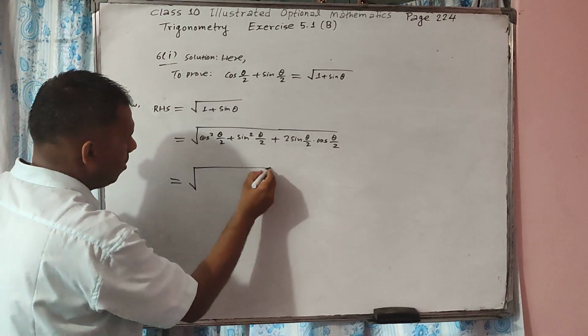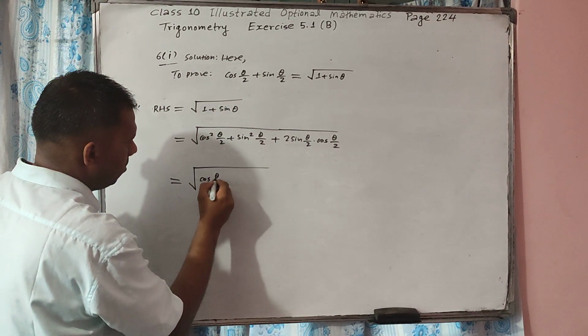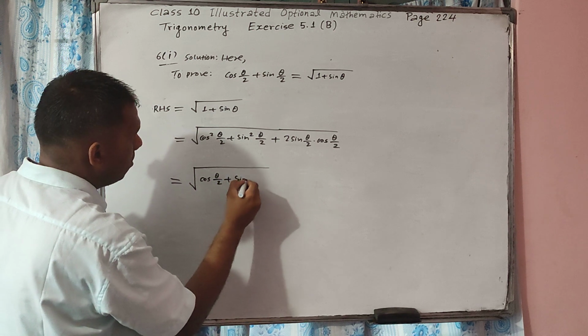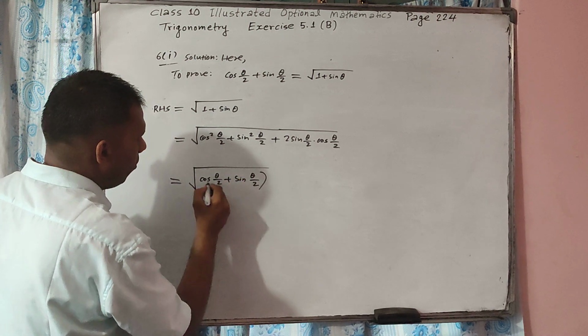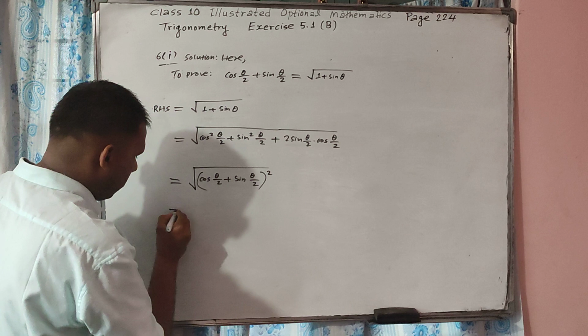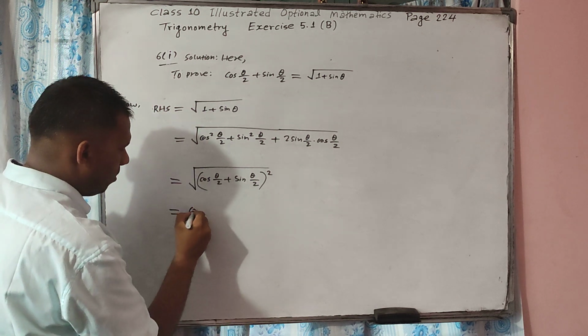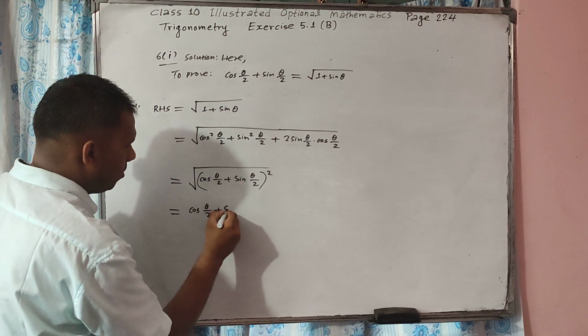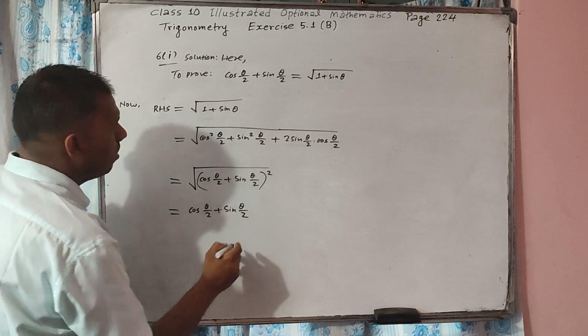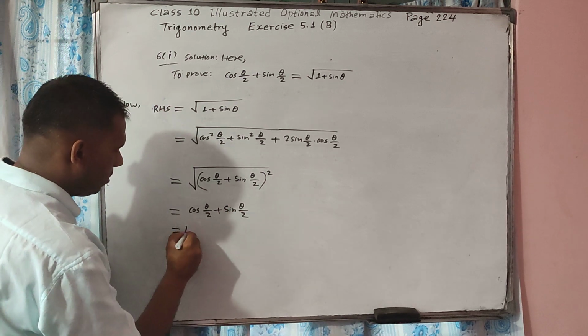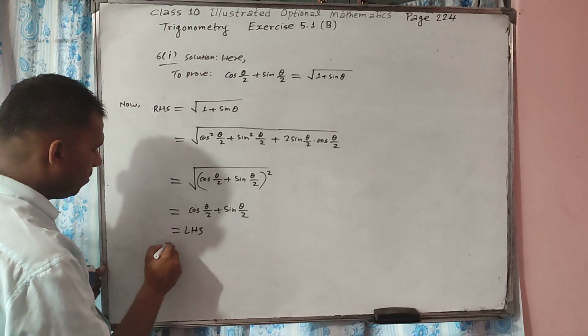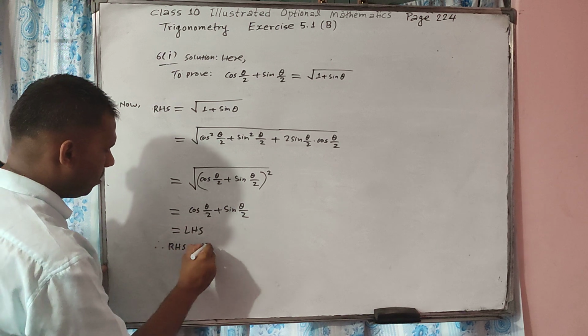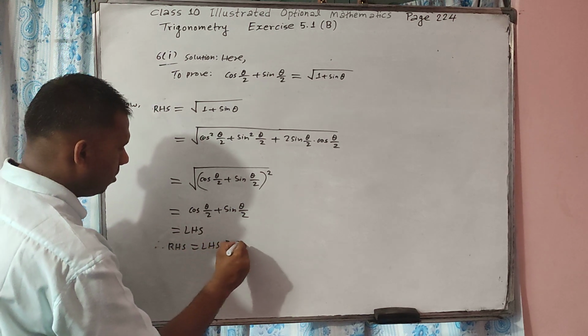So here cos theta by 2 plus sin theta by 2 whole square, and square and square root cancel out, remaining cos theta by 2 plus sin theta by 2, that is LHS. Therefore RHS equals LHS. Proved.